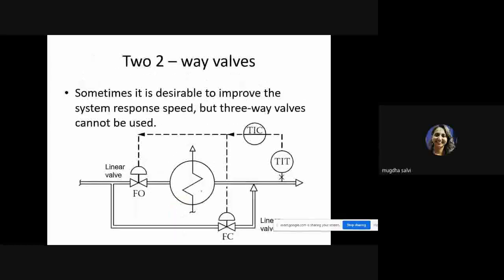Another option is you use two-way valves. Of the two-way valves, one is a fail to open and the other is a fail to close. Now, how will this operate? Let's see if this temperature TH2 drops.